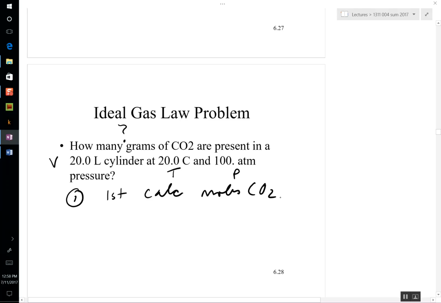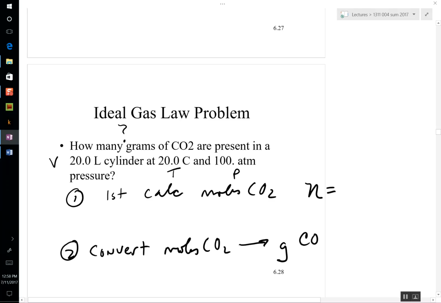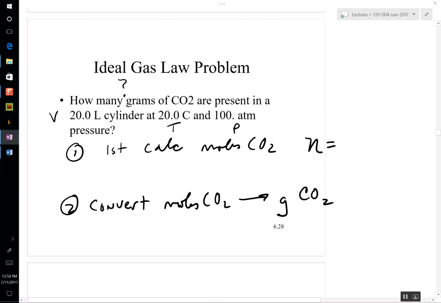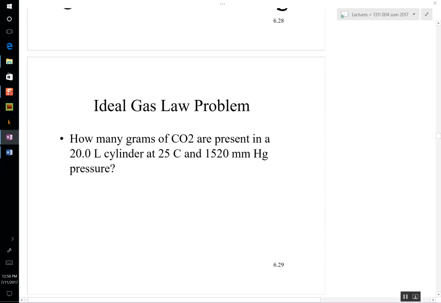You can solve for n. And then second, convert your moles of CO2 into grams of CO2. You know how to go from moles to grams using the molar mass, okay? So there's different permutations, different kinds of things that come into play. That's one of the slides.